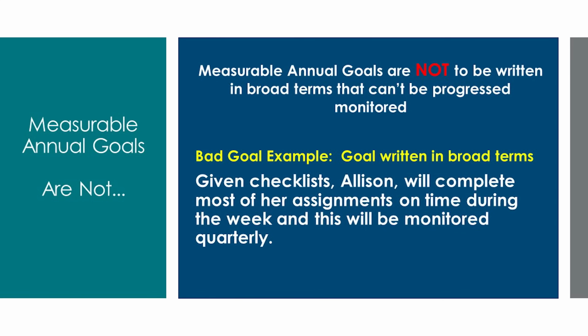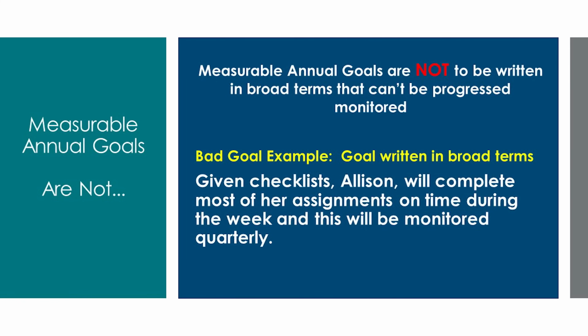Another concern is the time frame of when Allison will be progress monitored. So in the example it says she will be monitored quarterly. Even though you may be doing good progress monitoring on multiple occasions throughout the marking period, the term quarterly indicates that progress monitoring will only be done once per marking period or quarter.